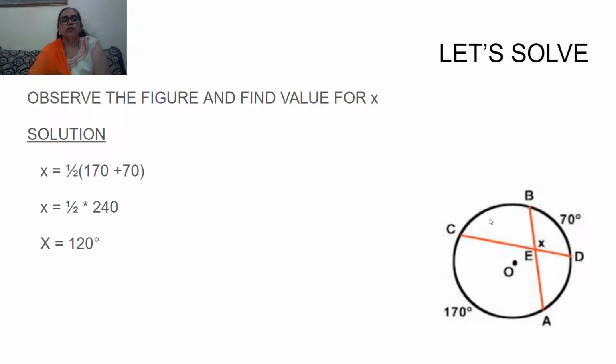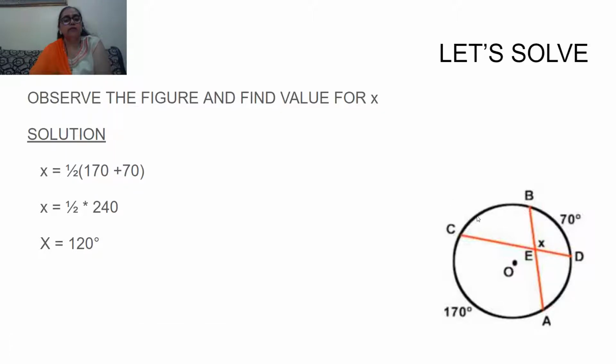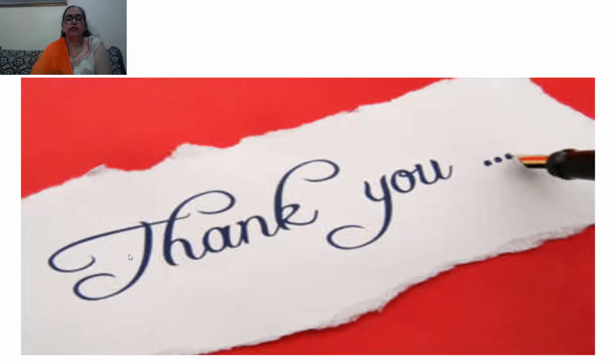Knowing the property of intersecting chords, when they intersect in the interior of the circle, angle BED is equal to half the measure of the sum of arc BD and arc AC. That is half of 70 plus 170, that gives you half of 240, and x is equal to 120. Thank you.